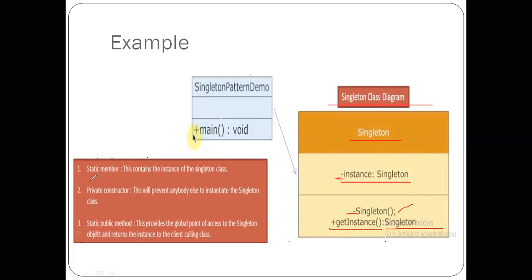The first rule is a static member. The instance we create under a singleton class is a static member, so the singleton instance is static.